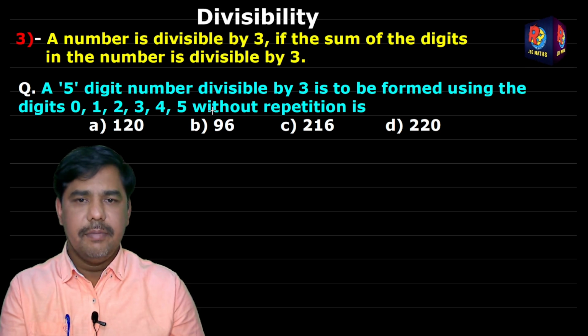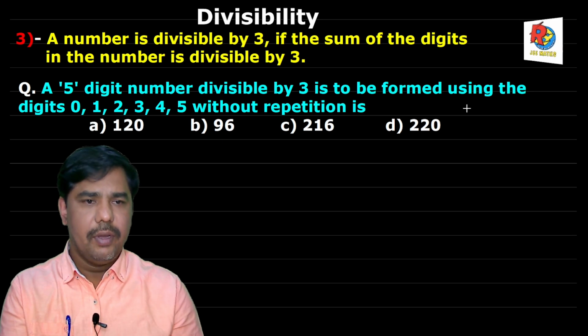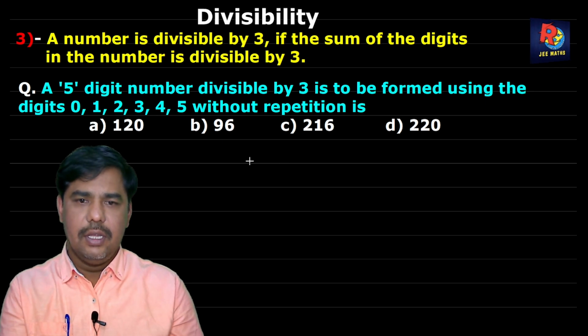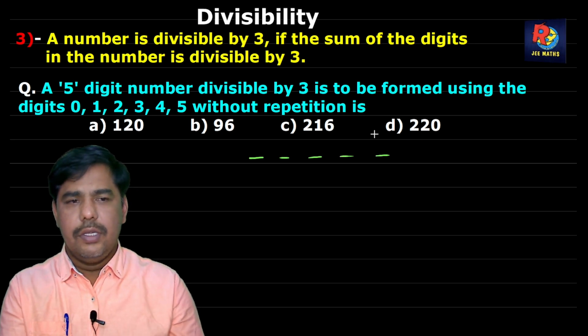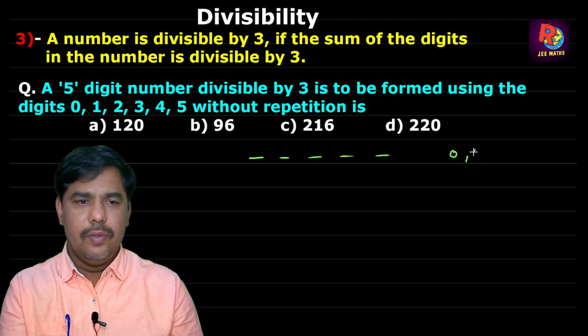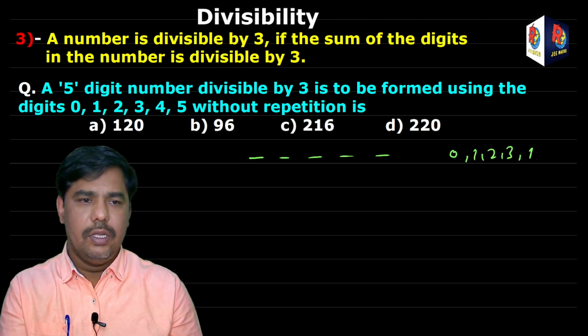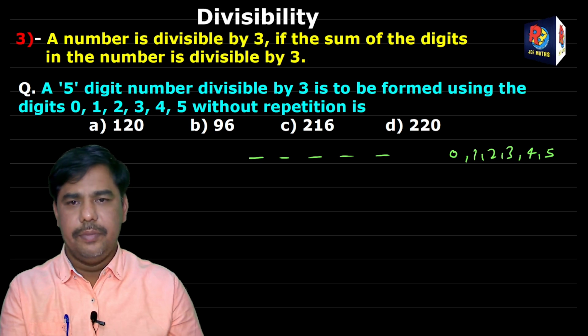A 5-digit number divisible by 3 is to be formed using the digits 0, 1, 2, 3, 4 and 5 without repetition. There is no repetition, that one you need to remember.